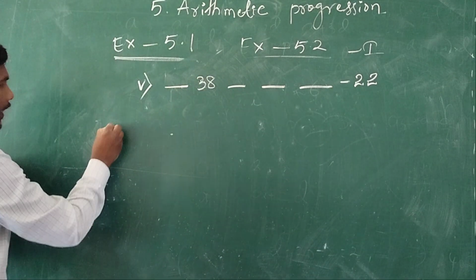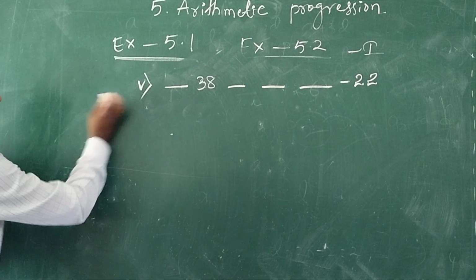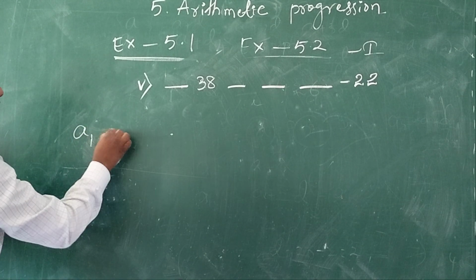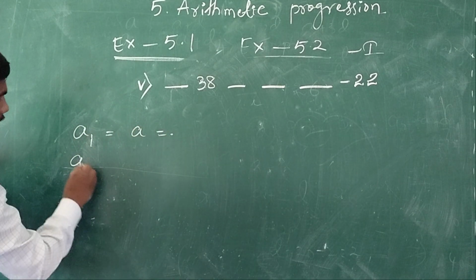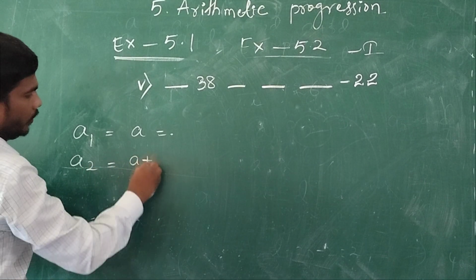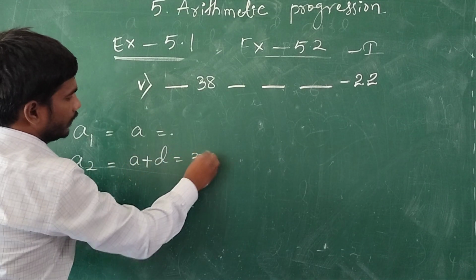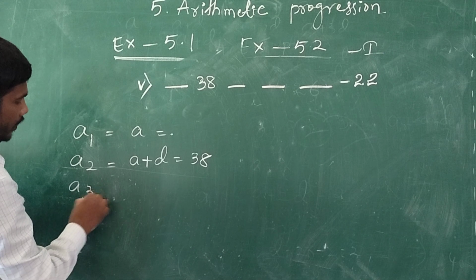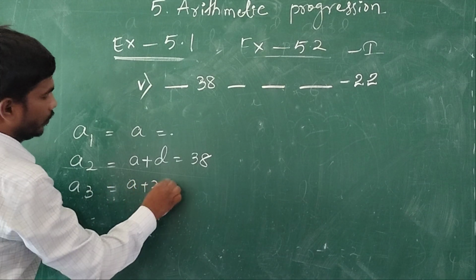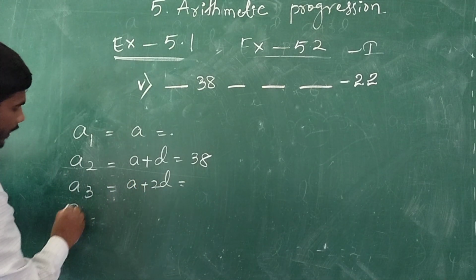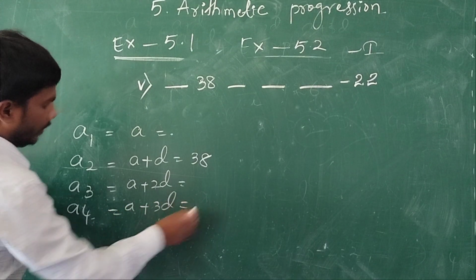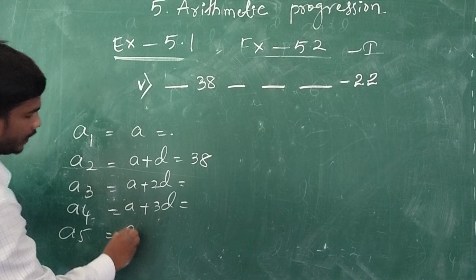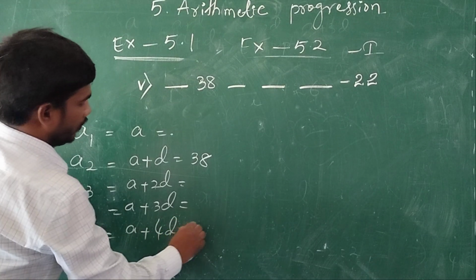Here a1 is not given, a2 is given. What is that a2? a plus d is equal to 38. a3, a plus 2d, not given. a4, a plus 3d, not given. a5, a plus 4d, not given.